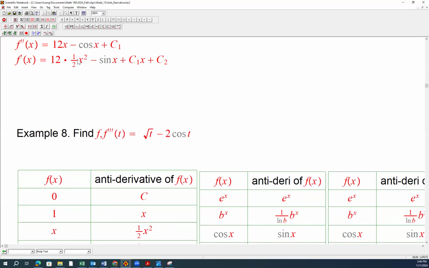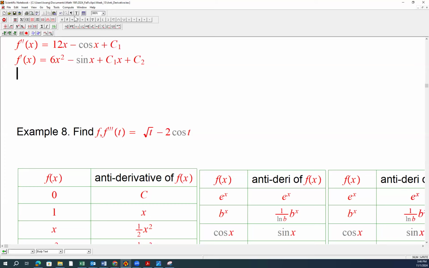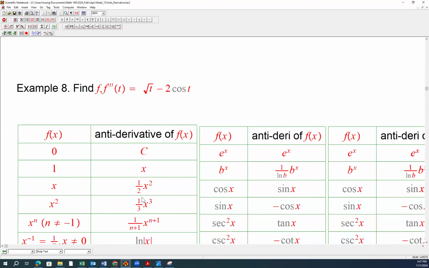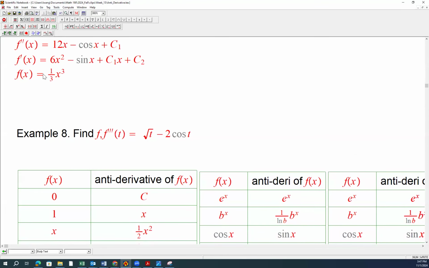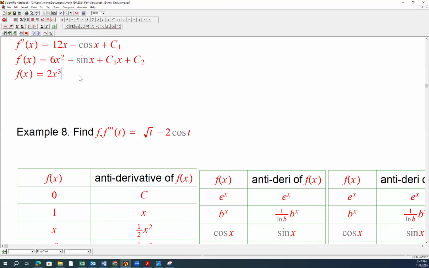Okay, last, we simplify this, we get 6. We're almost there. So f of x, which is the antiderivative of f prime, will be 6x squared. The antiderivative of x squared is a third x raised to the power 3, and we got a 6 in front of it, so that's going to be a 2.